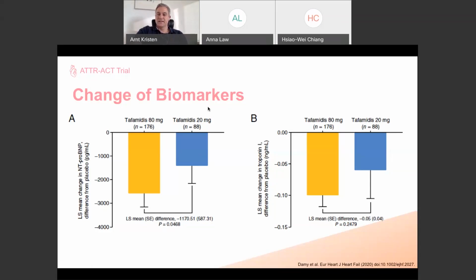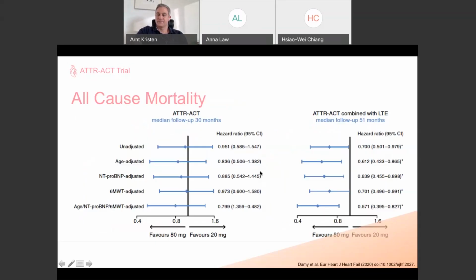And finally, looking at all-cause mortality, in patients treated with 80 milligrams in the long-term extension study, there was a significant improvement in all-cause mortality in patients treated with the higher dose, as you can see in this slide.